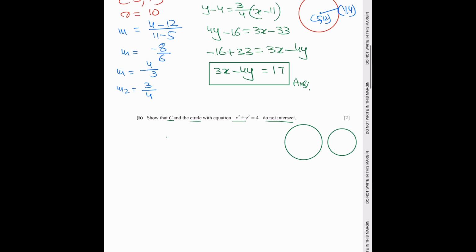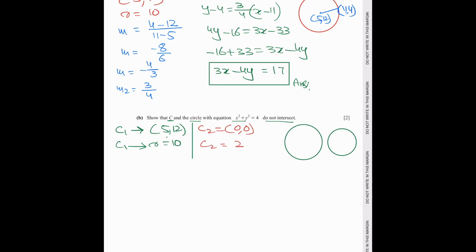So C1 has center 5, 12, C1 has radius 10, and C2 has center 0, 0, and the circle 2 has radius 2.